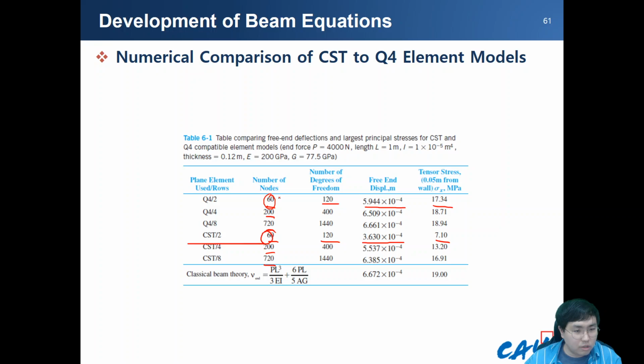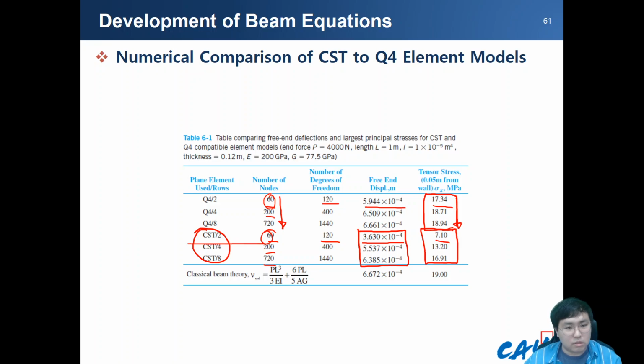However, when you increase the number of degrees of freedom, that means the number of elements, the solution becomes saturated, and there is no big difference. However, in the triangle element, there are big changes when you increase the number of elements. It is because the triangle element cannot suggest accurate values like the QPO element. So there are many numerical issues with the triangle element.